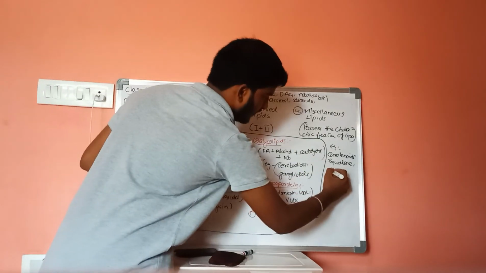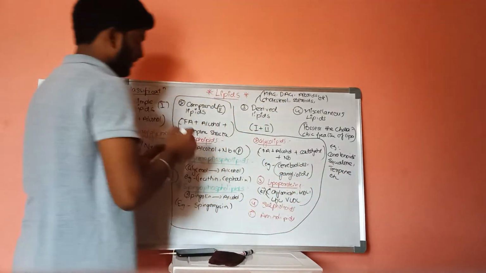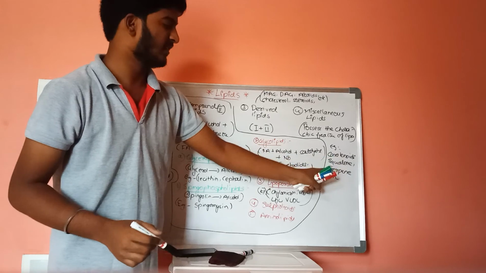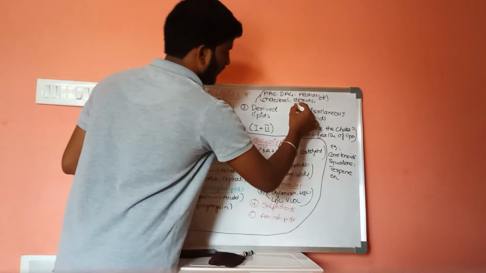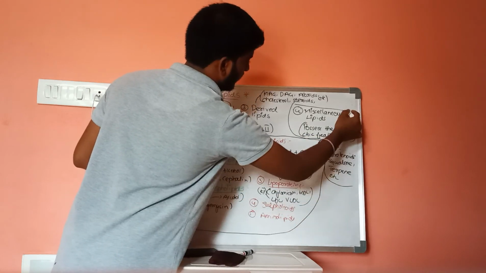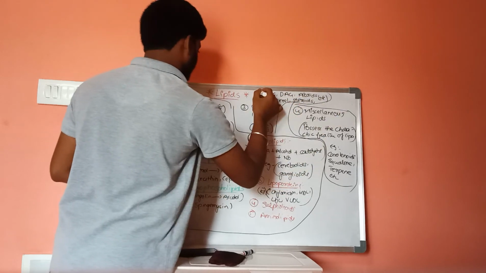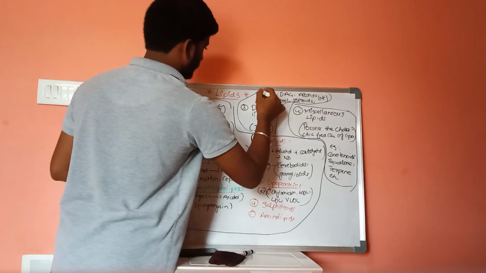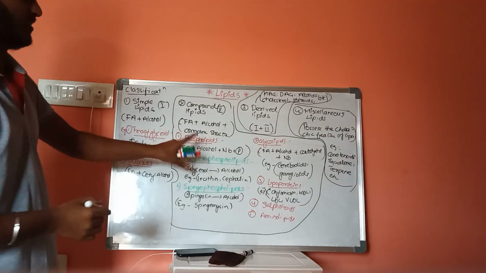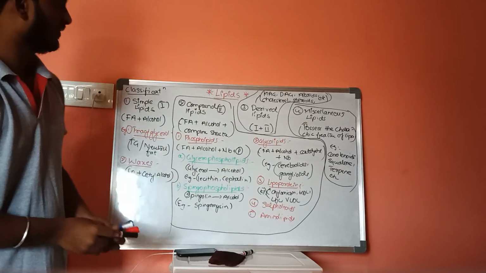Examples of miscellaneous lipids are carotenoids, squalene and terpenes, etc. This is the first one, this is the second one, this is the third one, this is the fourth one. These are the classifications of lipids.